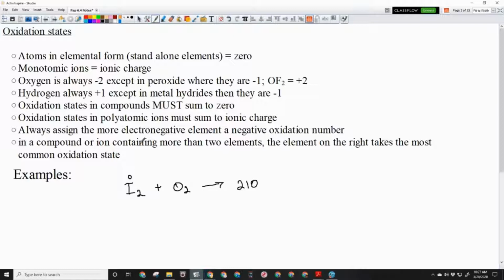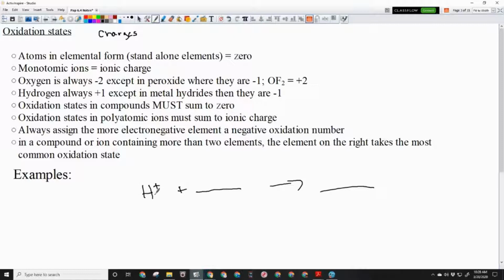You can kind of think of oxidation states as charges because they're almost the same, with few exceptions. So monatomic ions get their ionic charge. What that means is if you see an element in an equation, say, where you have hydrogen plus something else yields something else here.